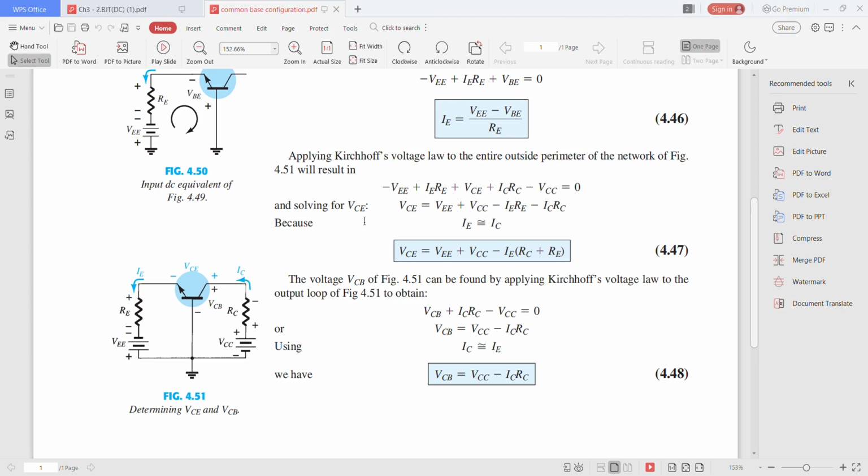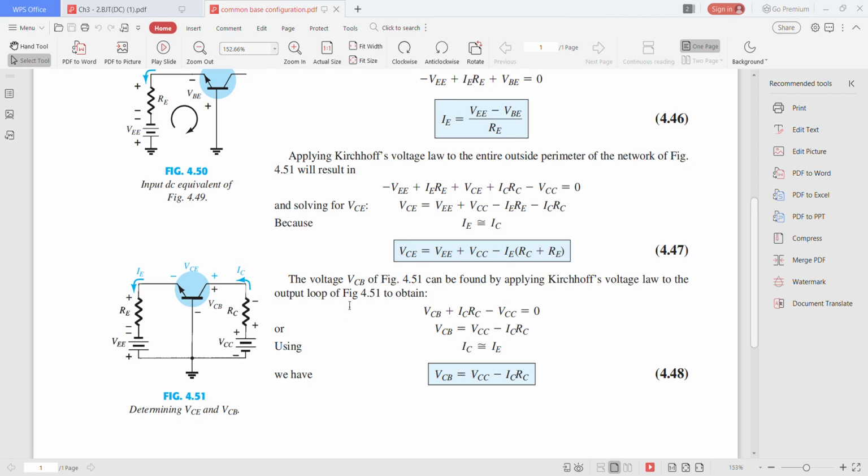Solving for VCE, you will get VCE equals VEE plus VCC minus IERE minus ICRC. Since IE is approximately equal to IC, the equation becomes VCE equals VEE plus VCC minus IE in brackets RC plus RE.